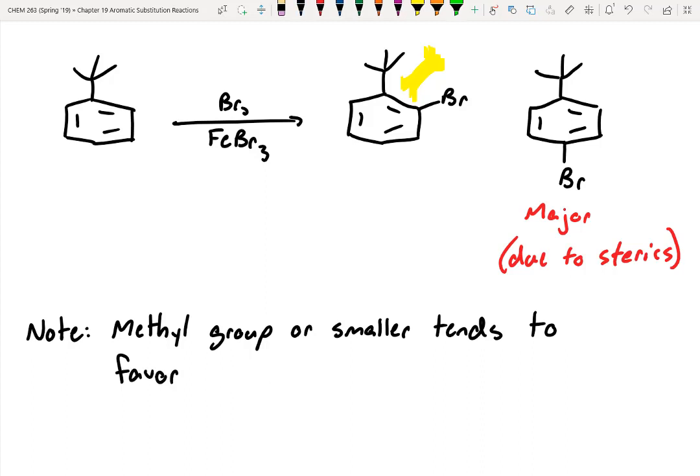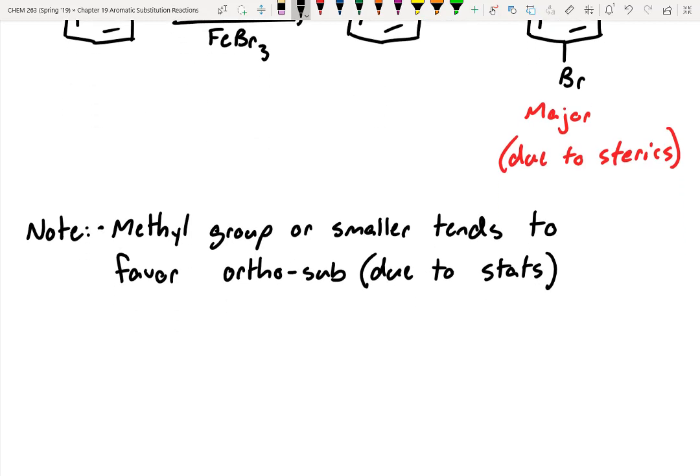Or sorry, ortho. Holy cow. Due to stats. And then we can reiterate that large groups favor para substitution.